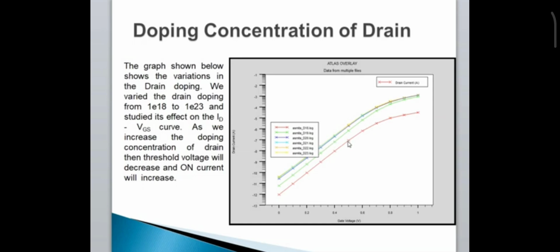The gate voltage, or we can say the threshold voltage, for the device having doping 10 raised to power 18 is high. This means if you are increasing the drain doping, the threshold voltage will decrease.